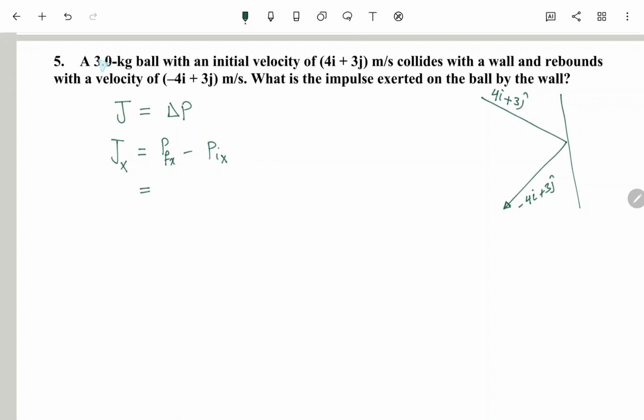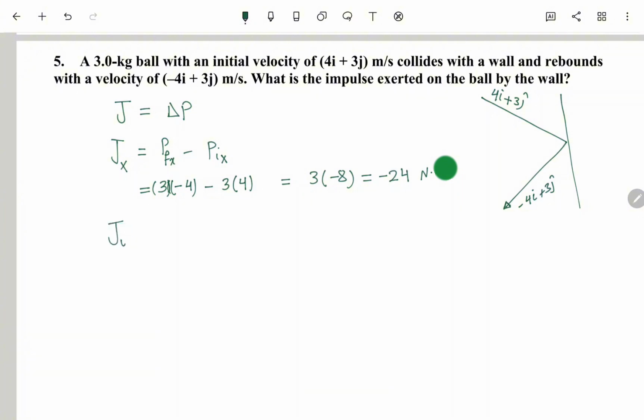Now the mass of the object is equal to 3 times final x velocity, which is minus 4, minus 3 times the initial velocity, which is 4 in this case here, so it's equal to 3 times minus 8, or the impulse on x is equal to minus 24 Newton second.